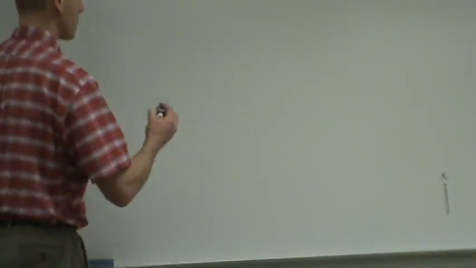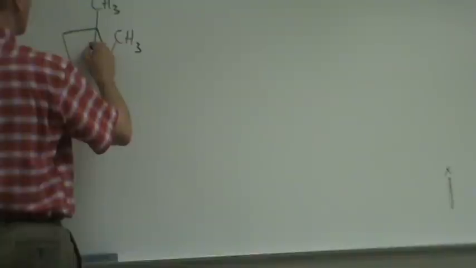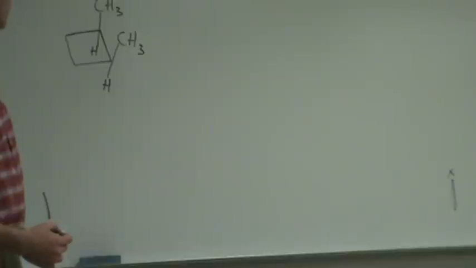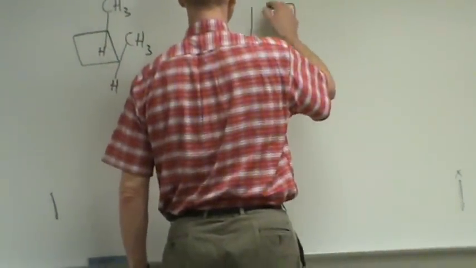Okay, so let's get back into finishing up cyclic alkanes. We're looking at how to name them. When you had two groups on a cyclic molecule, we could draw them one of two ways.